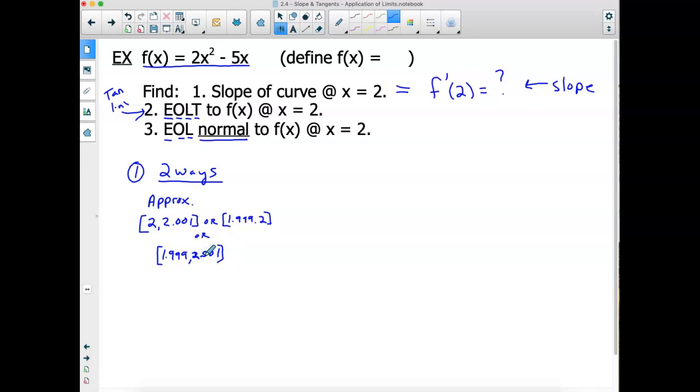But that's the other way we could do that, okay? And we would approximate this using our calculator.